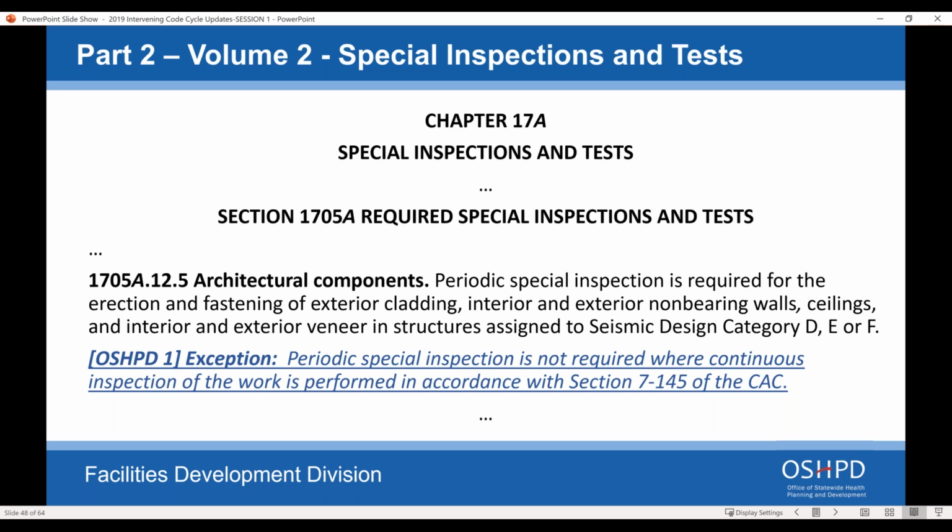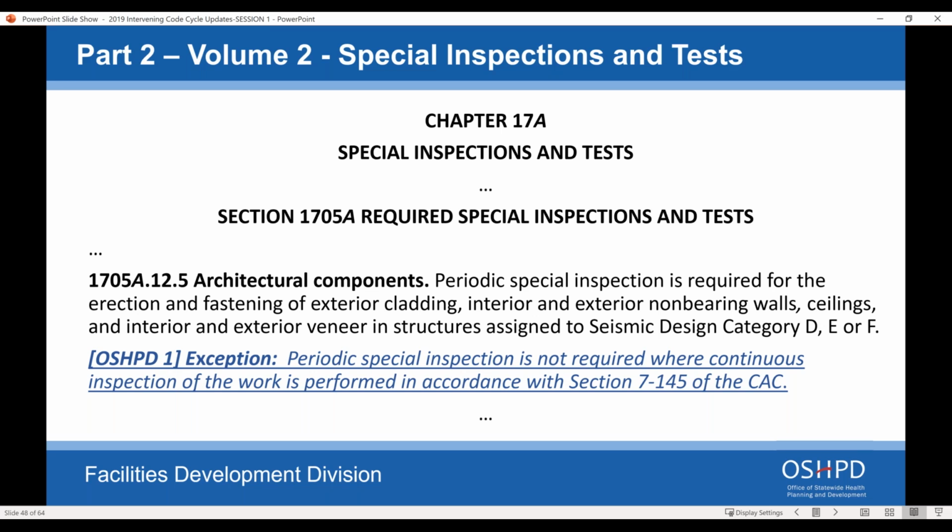So this is the change that we made for architectural components, which says periodic inspection is required. With that, it also brought in requirements for verified reports and special inspectors. For some of these things, we have continuous inspection.